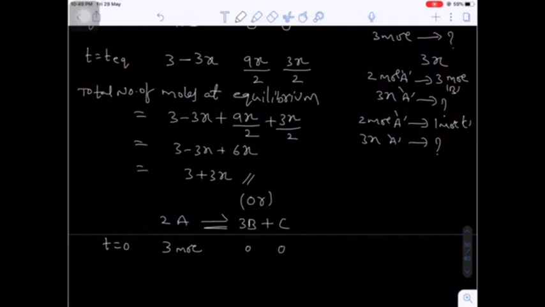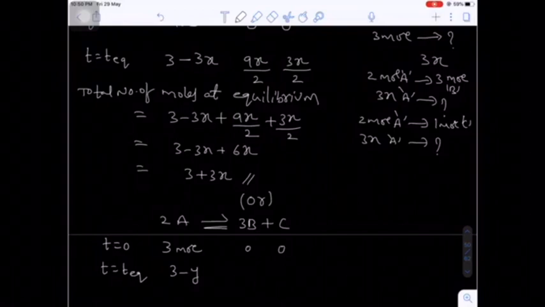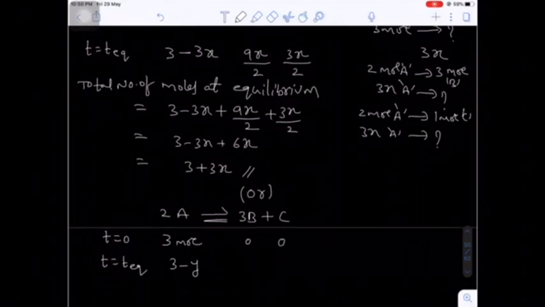Now let's suppose that when the system attains equilibrium, Y moles dissociated. If Z moles decompose, you can write 3 minus Z. If P moles decompose, you can write 3 minus P.